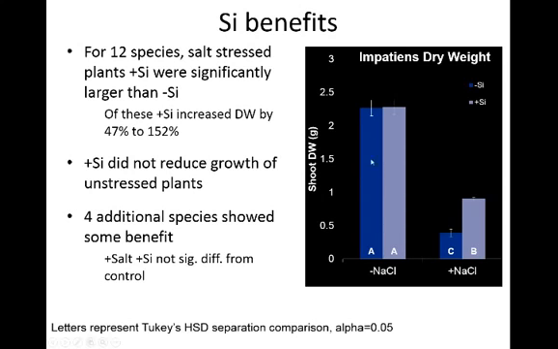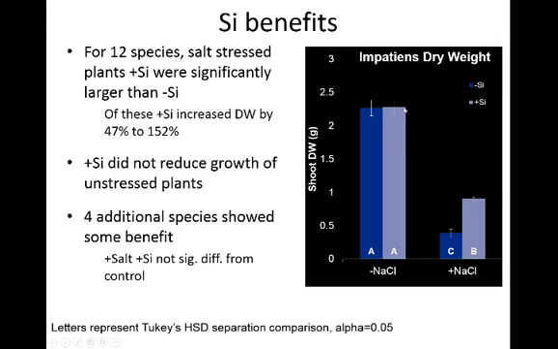So we see shoot dry weight, our measure of plant size. For our plants that did not have salt stress, these minus sodium chloride plants, there was no difference in size between them. But sodium chloride had a huge effect on impatiens plant size. Our sodium chloride treated plants that did not have silicon were the smallest ones, the ones with the letter C here. And then silicon addition definitely improved the growth of those plants.